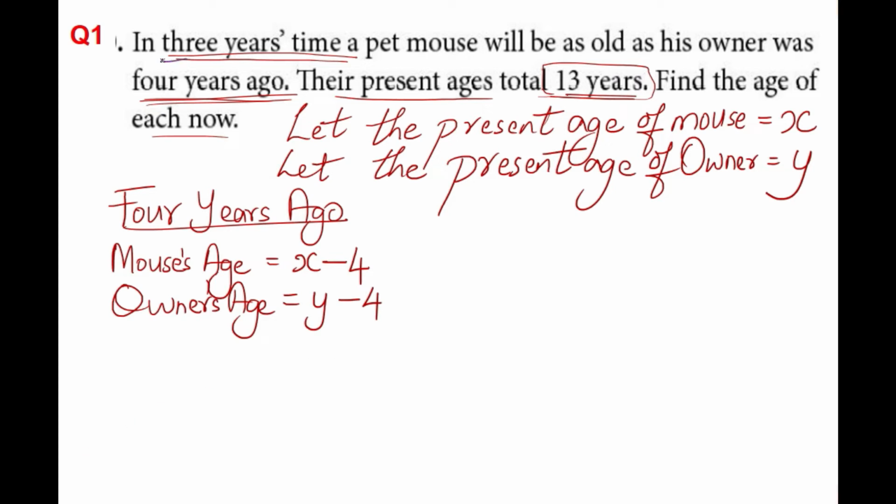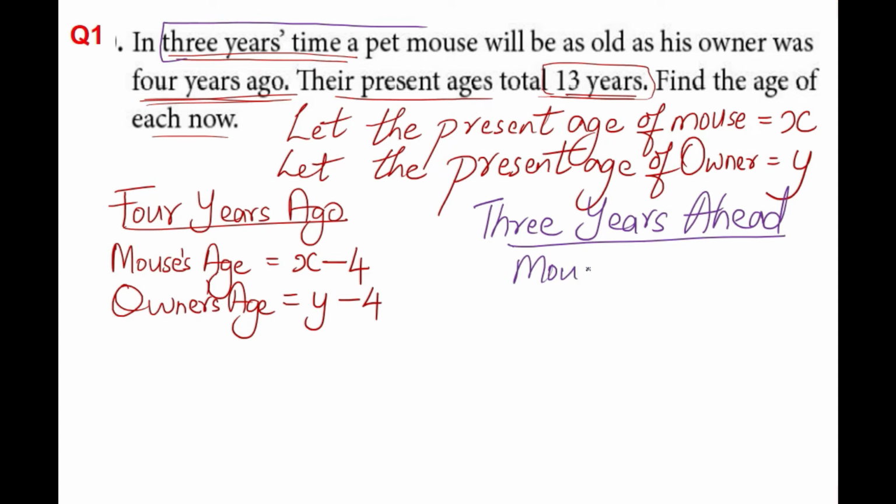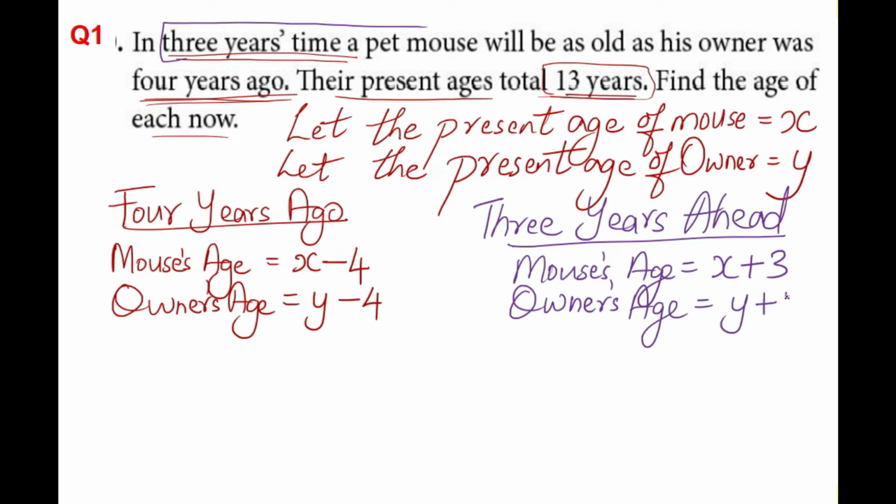Now they are talking about 3 years ahead. The mouse is going to be x plus 3 years and the owner's age is going to be y plus 3. Now we have some data regarding the ages of the mouse and the owner.